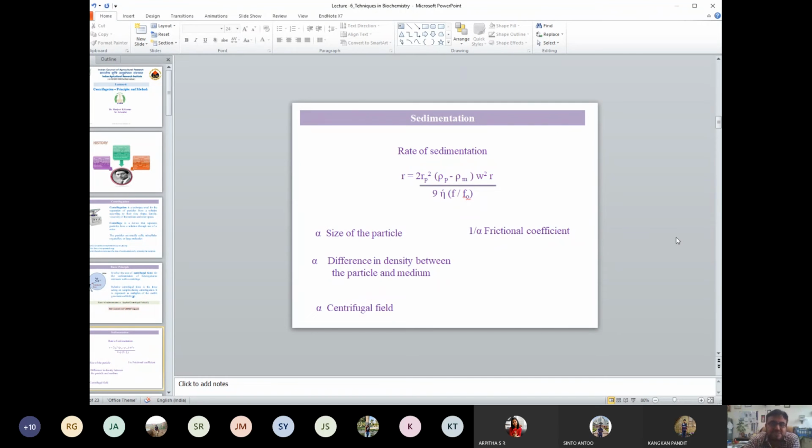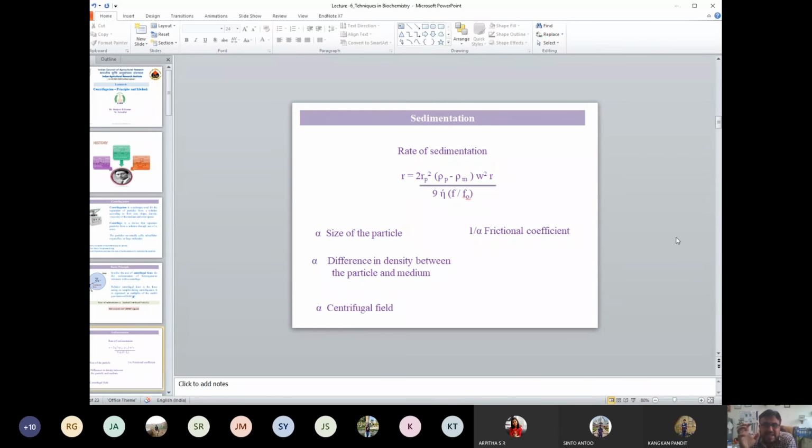Here f stands for the frictional coefficient, and f0 stands for the theoretical frictional coefficient, which you are going to calculate. So rate of sedimentation is inversely proportional to the ratio of the frictional coefficient to the theoretical frictional coefficient, and it is inversely proportional to the viscosity of the medium also.